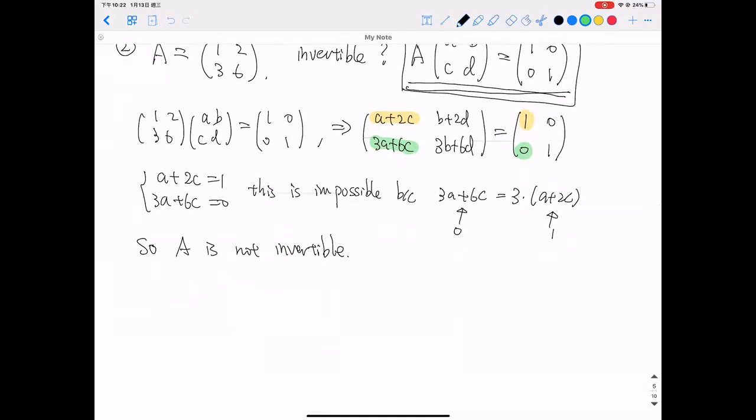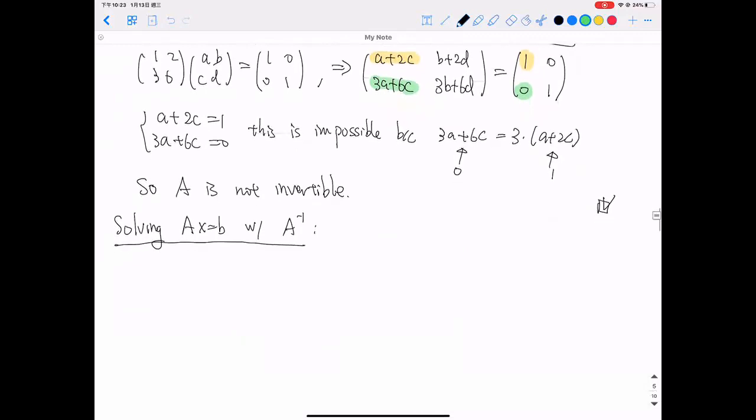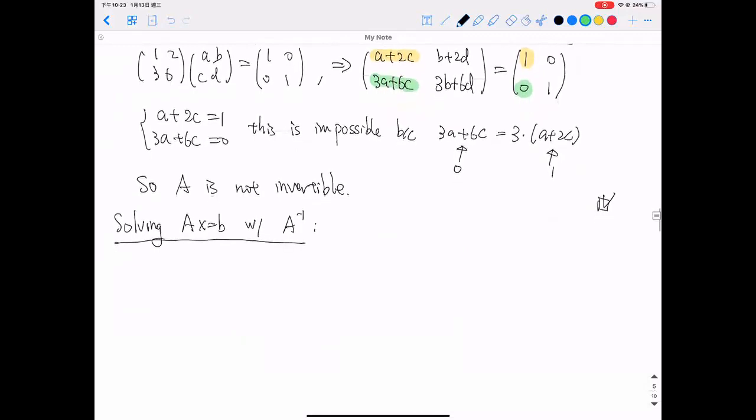Now, let's spend some time on general discussion. Remember, our motivation for considering invertible matrices was to solve linear systems as if they were equations of numbers.